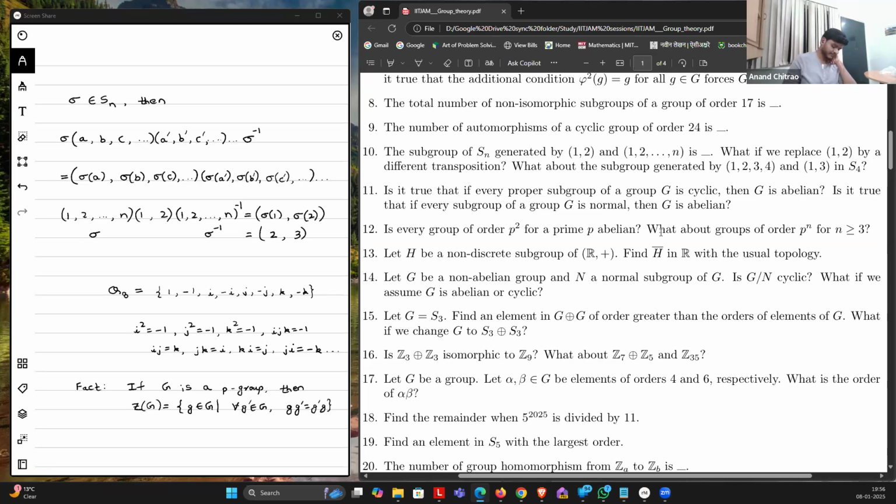This center is not just the identity. Okay.